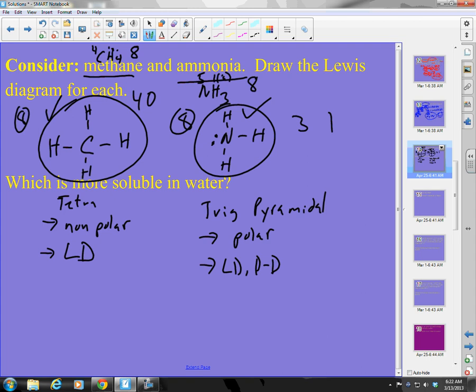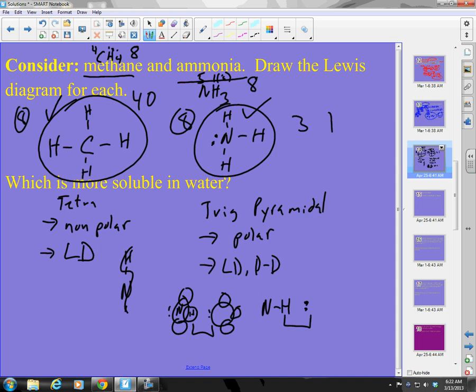Now, what else? Well, if we look at this, let's draw 2 of them just to get a nice picture of this, right? Let's do it this way. I'd have hydrogen, hydrogen, hydrogen, and an unshared pair, and here's my nitrogen, hydrogen, hydrogen, hydrogen, and an unshared pair, right? And what do we get here between this hydrogen and this unshared pair? Okay, I have a nitrogen here, so I have a nitrogen-hydrogen bond, and I have an unshared pair of electrons.